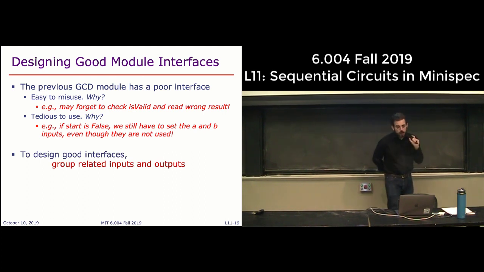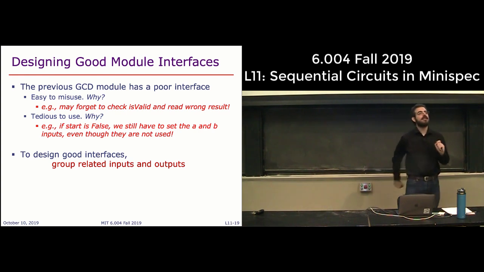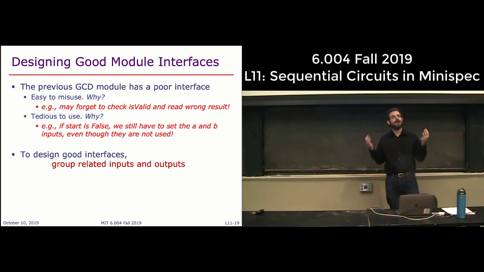But there's a general rule that you should always follow: if you have related inputs and outputs, and this is true of software and hardware, pretty much everything, interfaces, inputs and outputs, are like the attack surface of your module or the thing you're designing. You want to minimize that. You want to make it very hard to inadvertently do the wrong thing. So the general rule here is group related inputs and outputs.